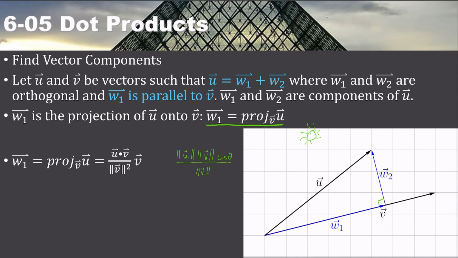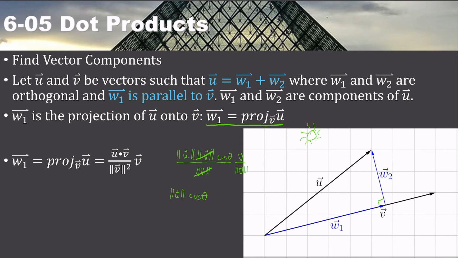We have the magnitude of v squared on the bottom, so I'm going to just draw it twice, and I have the v there. So what is this? So that cancels, and I've got the magnitude of u times cosine of the angle.